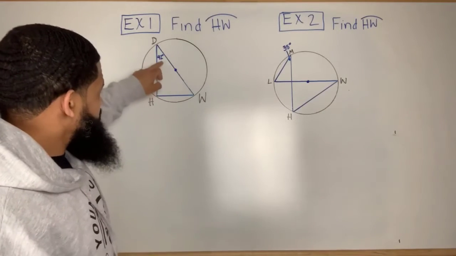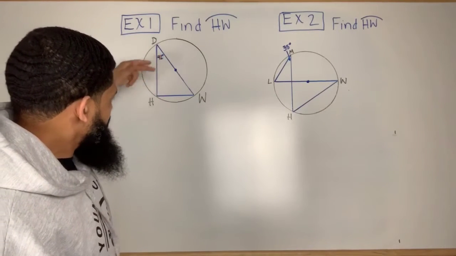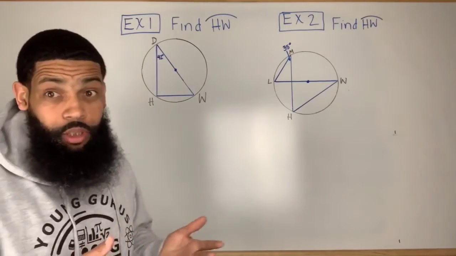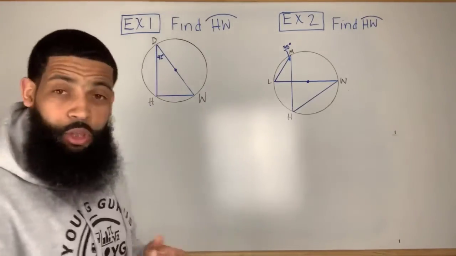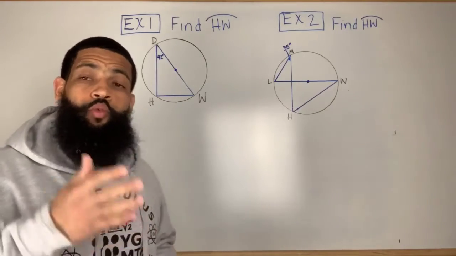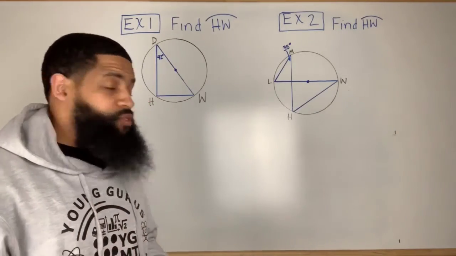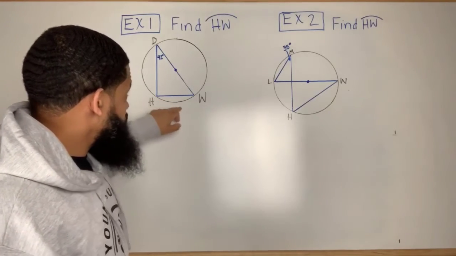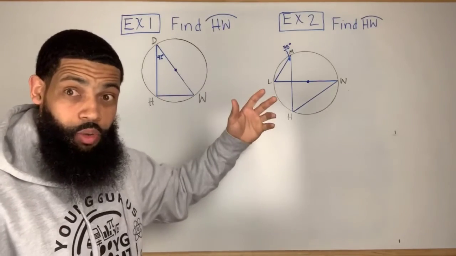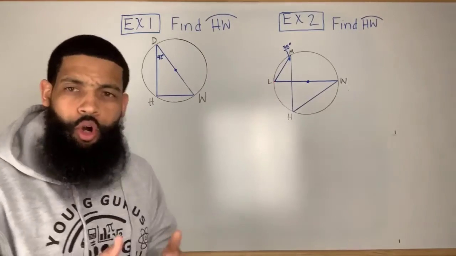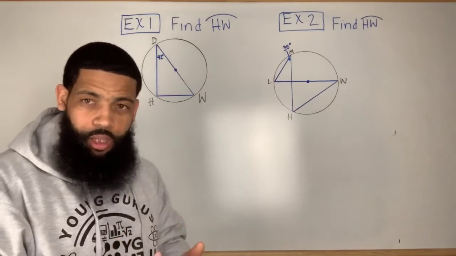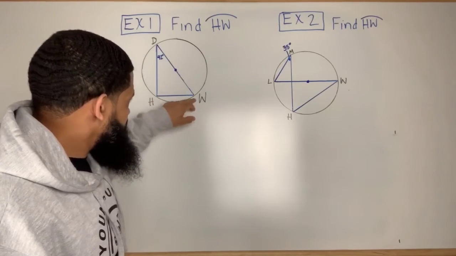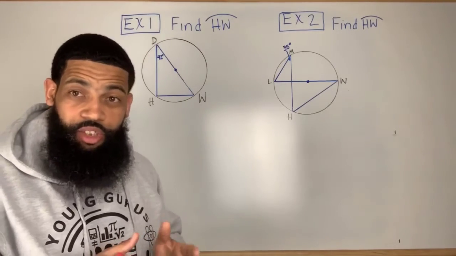But we're looking specifically at angle HDW, or you can just call it angle D, which is 42 degrees. And so the rule tells us that if you have an intercepting arc of this inscribed angle, which in this case would be arc HW, or we can name it arc WH, all right?